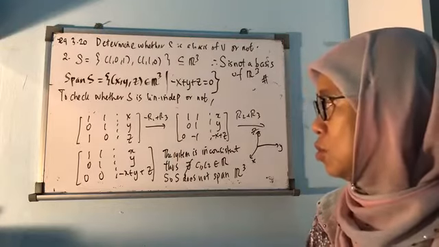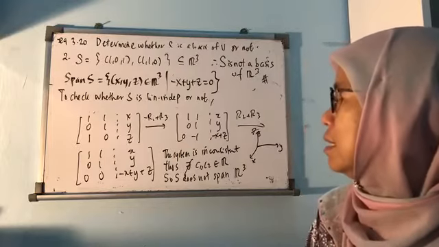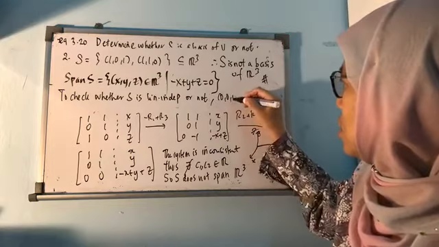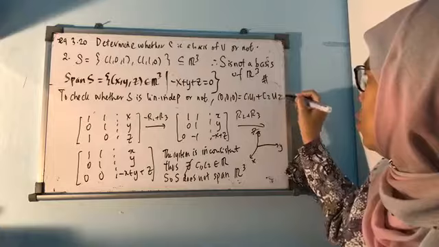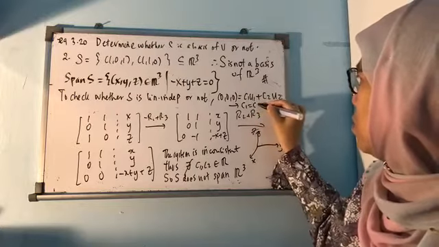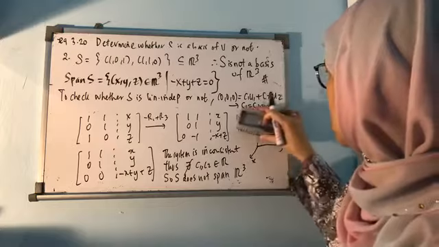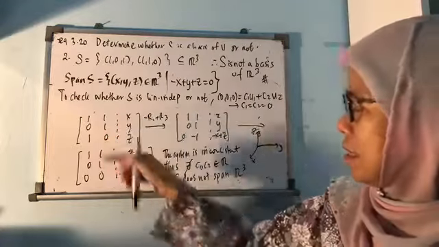But trying to use the definition, it's linearly independent if you have 0, 0, 0 equal C1 U1 plus C2 U2 implies C1 is C2 is 0, right? So in that sense, we already have this.